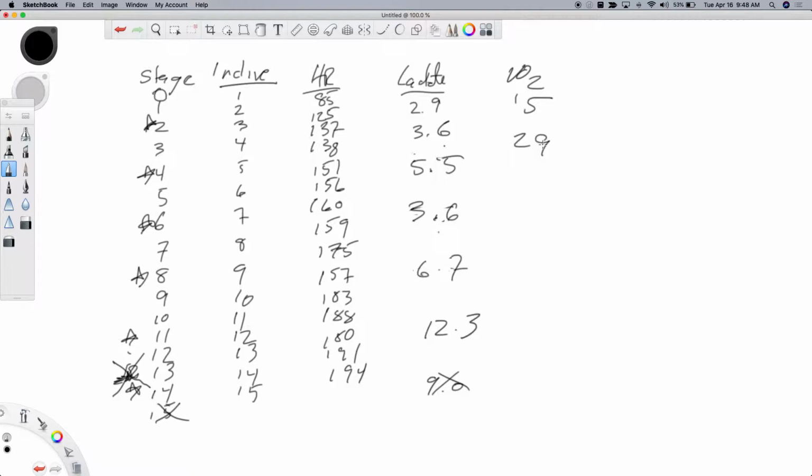Then at 540, it was also 29. At 660, it was 31. At 780, it was 32. And at, would that be 900 plus 60 more? It was 35 at the end.